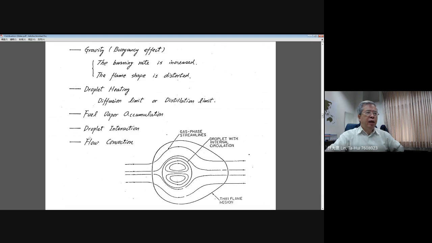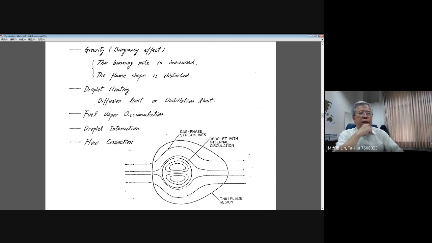And now these two subjects, droplet interaction and flow convection, people look at very seriously, because in real applications we usually burn a spray as a liquid type. When you have a spray, that means you have a lot of liquid droplets, and those droplets will interact together.